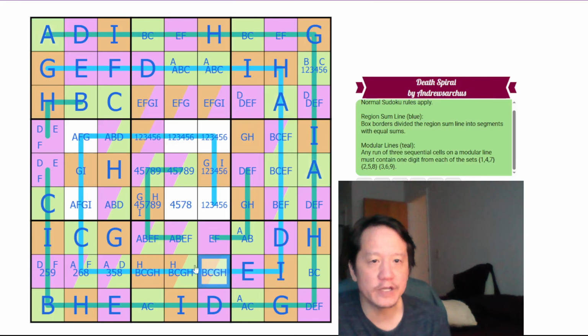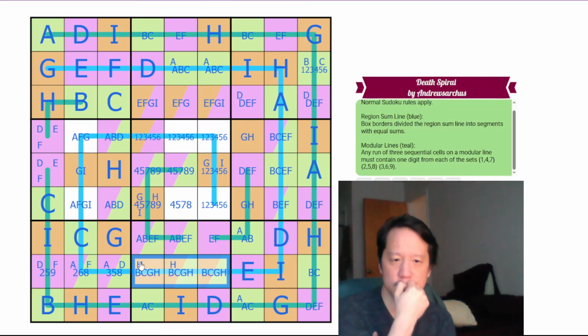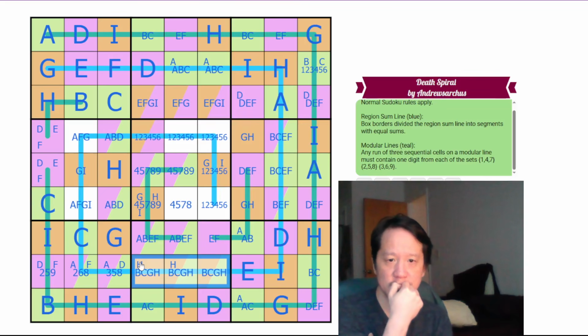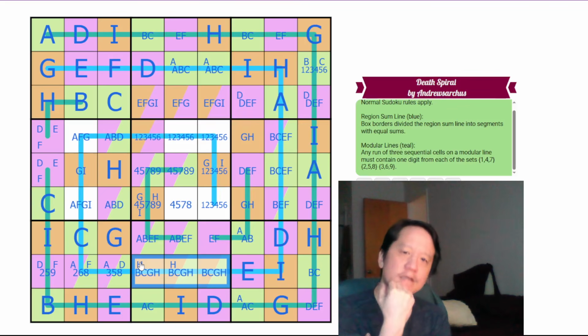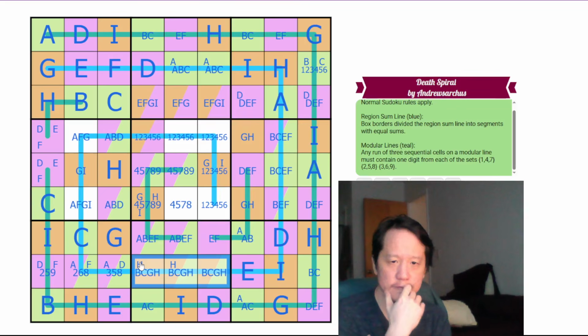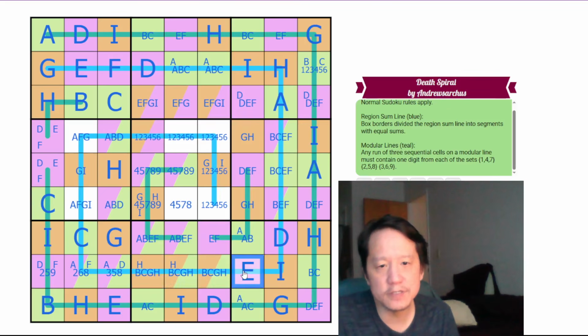This is G and H added together. Oh, that's interesting. This is E, so this cannot be E here, no E here.